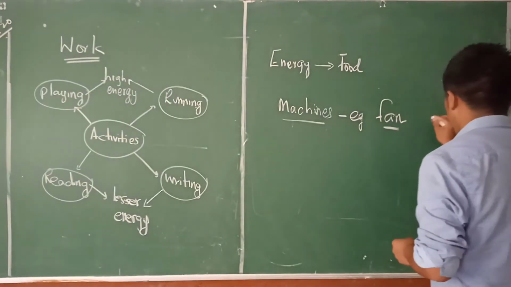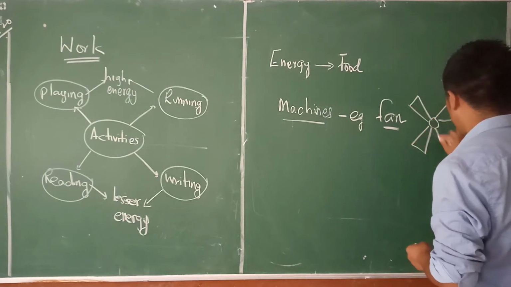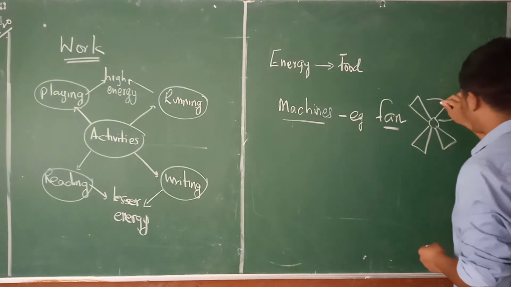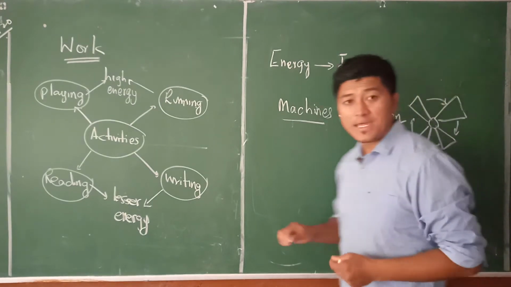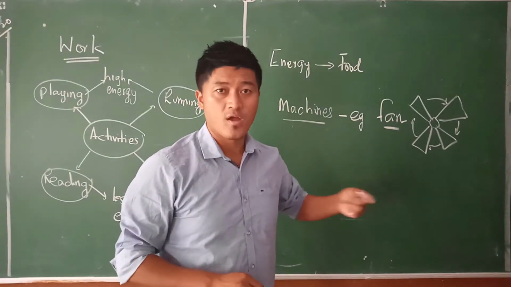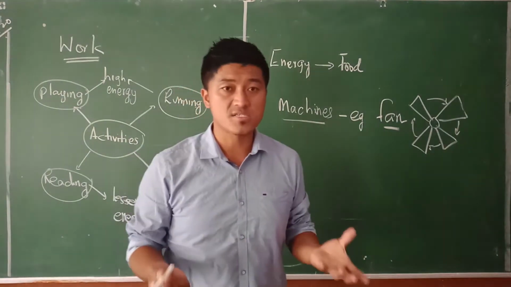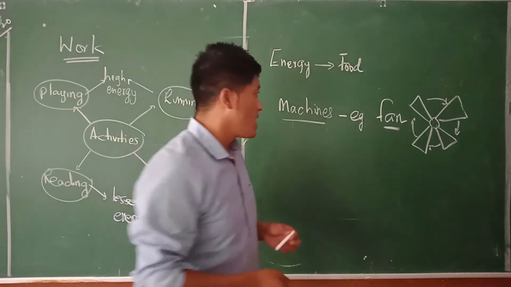If you look at a fan, it has four blades, and they do some amount of work. What they do is provide us with the amount of cool air which we need. Understand?